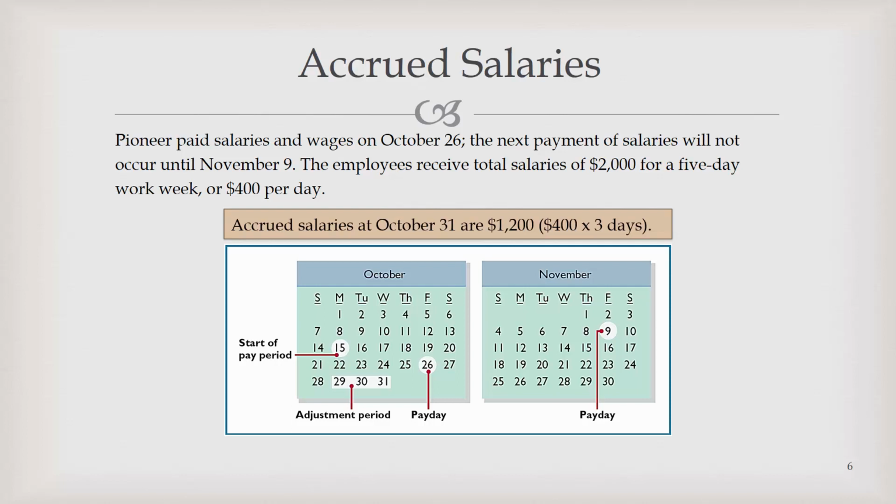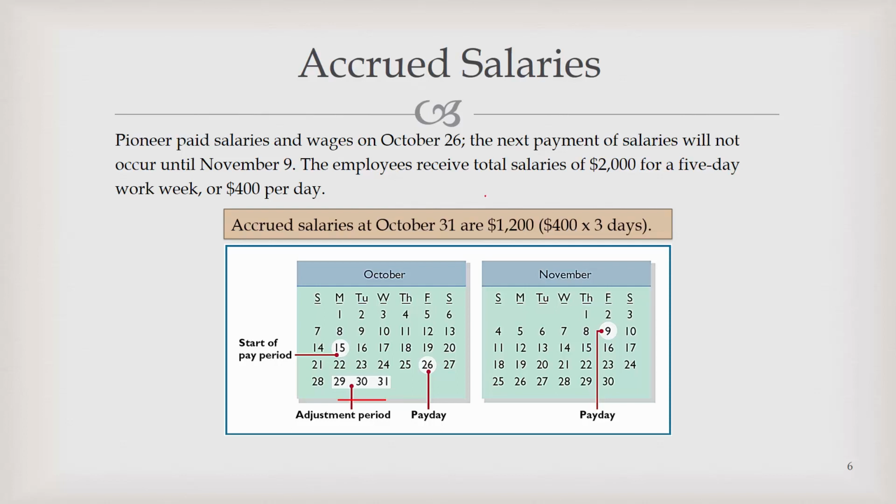The next payment is not going to occur until November 9th. So people are paid up through the 26th. But they worked these Monday, Tuesday, and Wednesday of October, the 29th through 31st. And so at the end of October, we need to record those 3 days worth of salaries that have been accrued or built up, even though we're not paying them until November 9th.